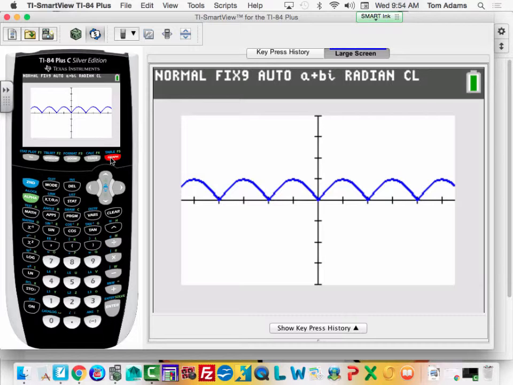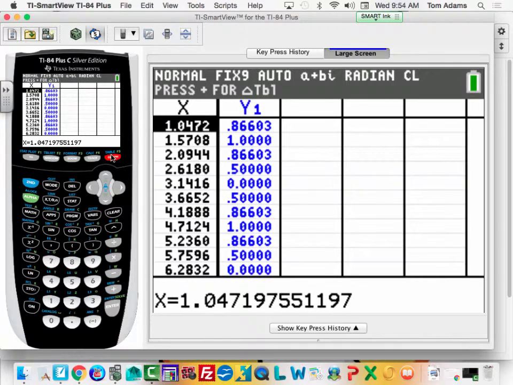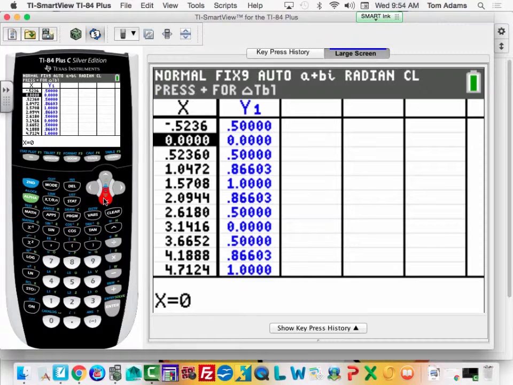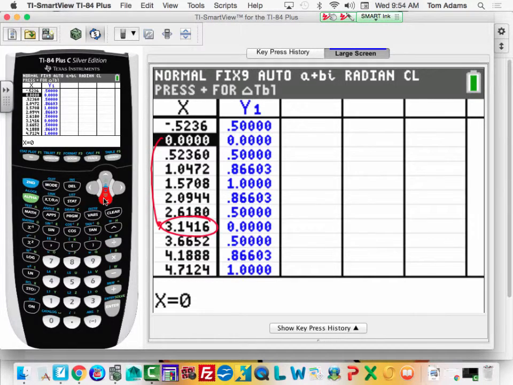If I go into the table of values and I look at it, the pattern does repeat after a while. We just have to determine when that pattern repeats. So we go back to the first 0, which is at 0, 0. And when does the pattern repeat? At pi.